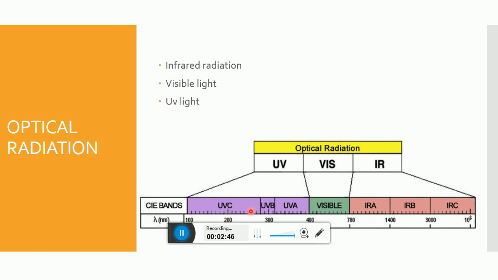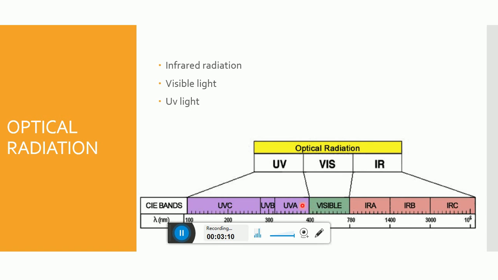Ultraviolet B and C and infrared B and C are absorbed by the cornea and sclera. So the cornea and sclera absorb the optical radiation of the very short wavelengths, the ultraviolet B and C, and the very long wavelengths of the infrared B and C.